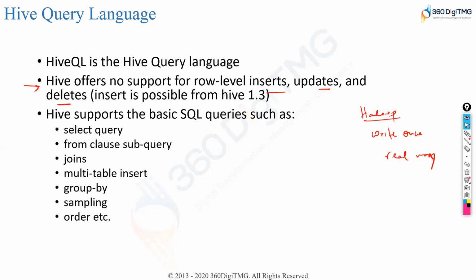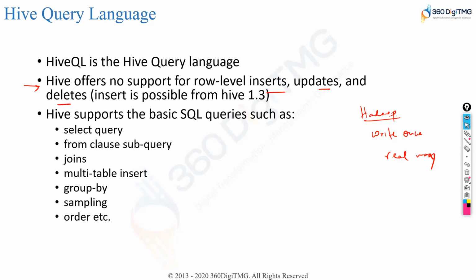And insert is possible from, yes. Okay, there's another point. The original versions of Hive did not even allow insert into a table. Insert means the table size is increasing, isn't it? That means storage space is required. So prior to 1.3, Hive did not allow big data to be processed, especially when you talk about inserting.